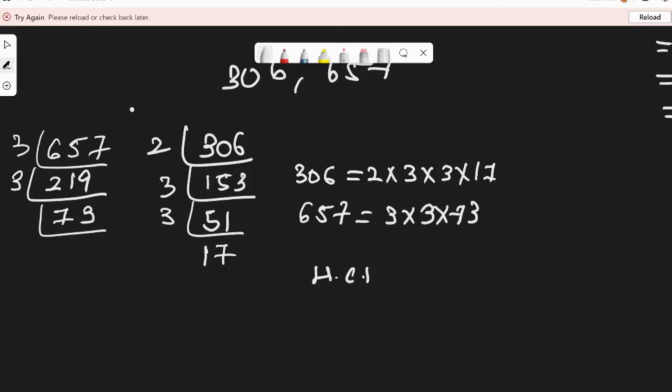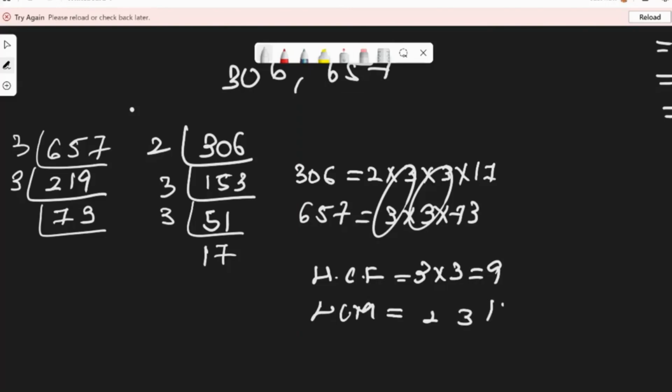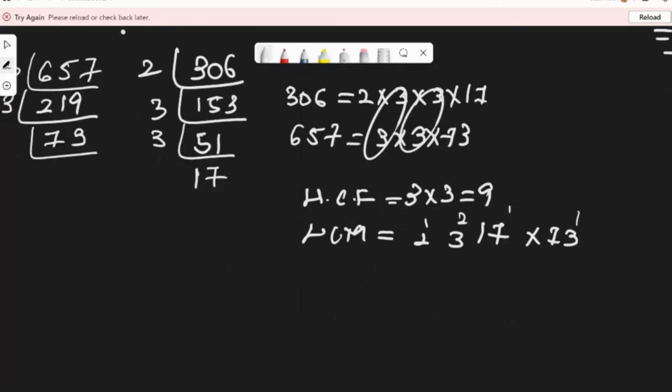So the HCF is the commonly repeated numbers, which are the first 3 and second 3. So 3 into 3 will be 9. And LCM, step 1, write all the numbers 2, 3, 17 and 73. 2 has repeated 1 time, 3 has repeated 2 times, 17 has repeated 1 time, and 73 1 time.